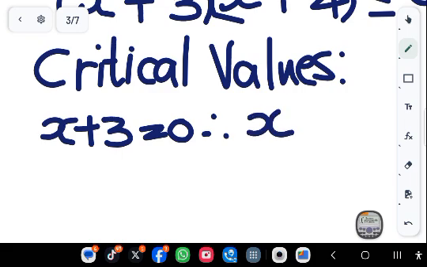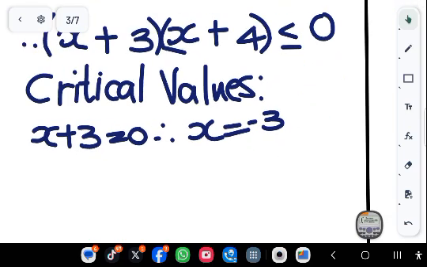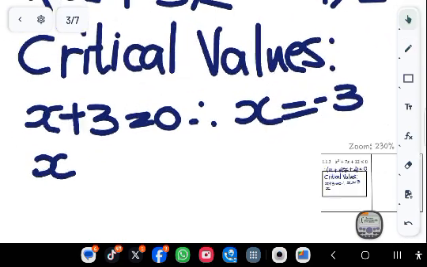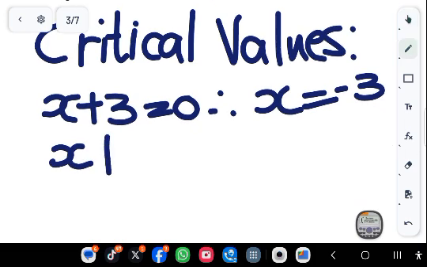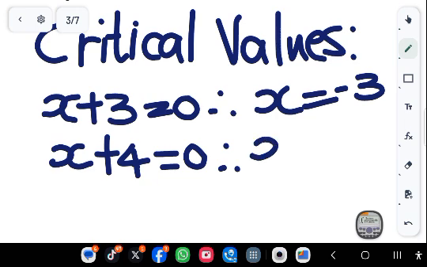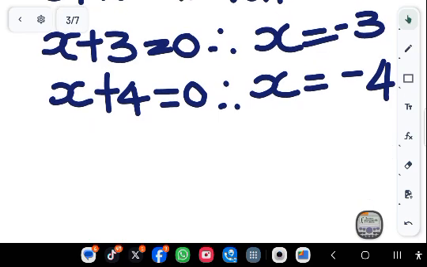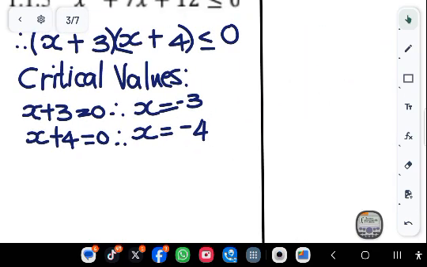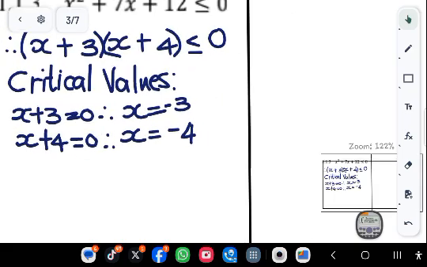Critical values are found as if you were solving for x, and it's an equation. We're looking for critical values, the values we would find if we were to solve this as an equation. So here are the critical values. We've got 2 of them, the -3 and -4.